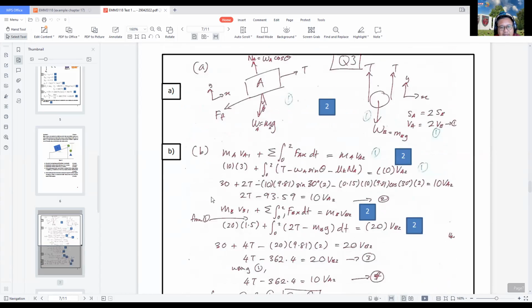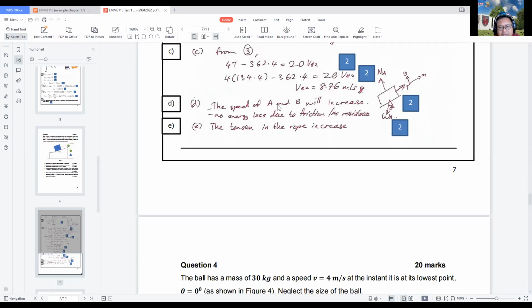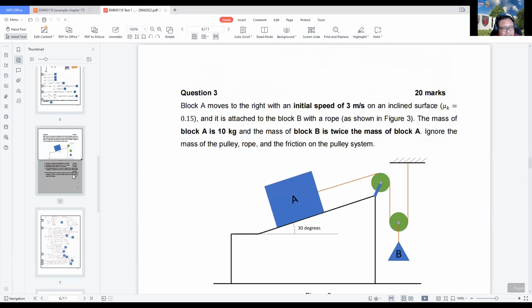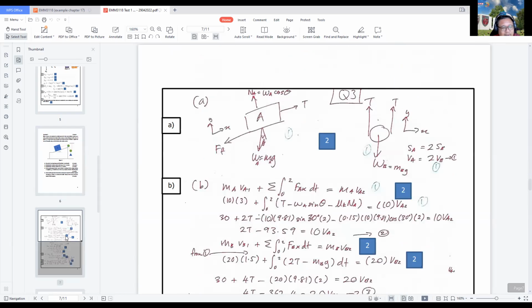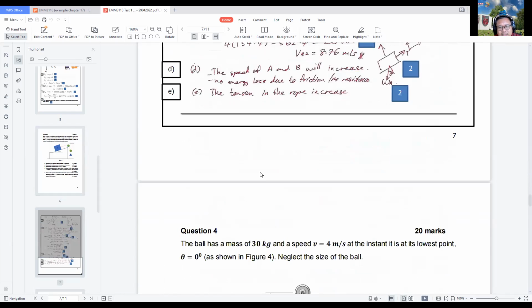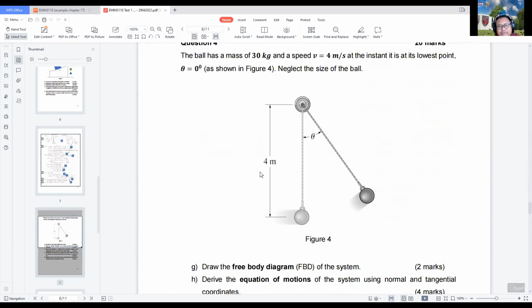So what happens is that if there is no friction, the speed of A and B will increase, since no energy loss due to friction or resistance. And what happened again is the tension. If let's say the angle is reduced to 15 degrees, what will happen is the tension in the rope is increased.